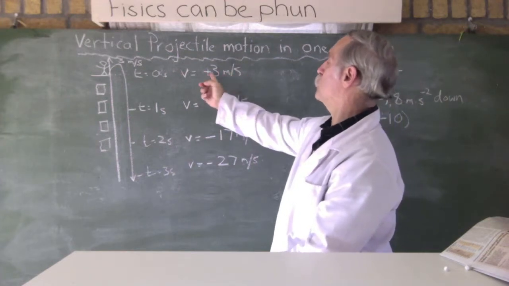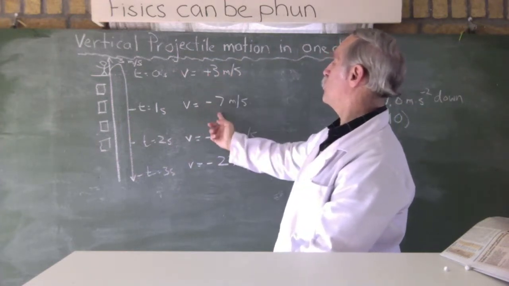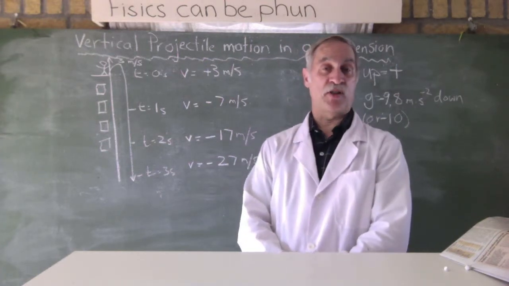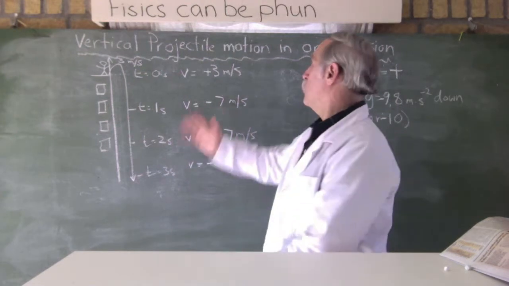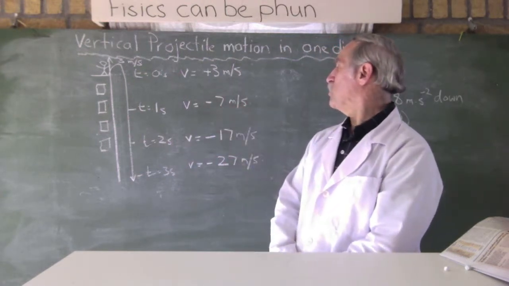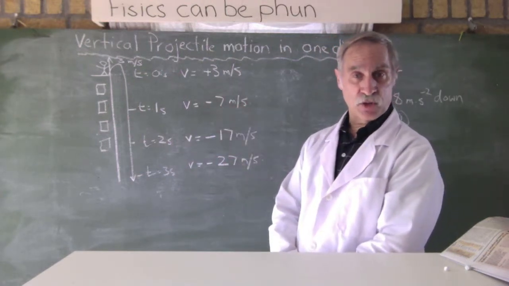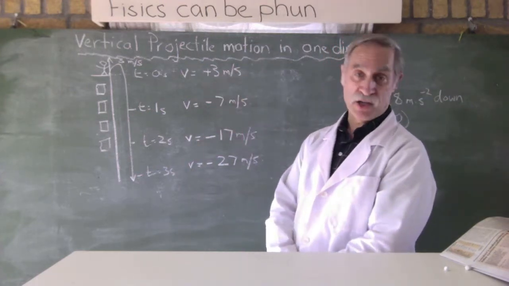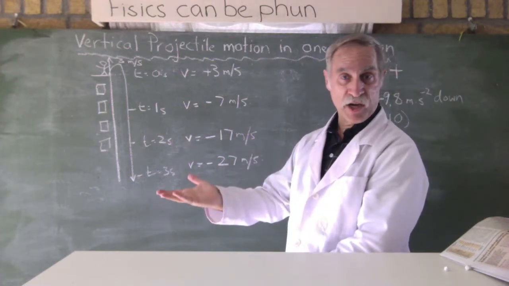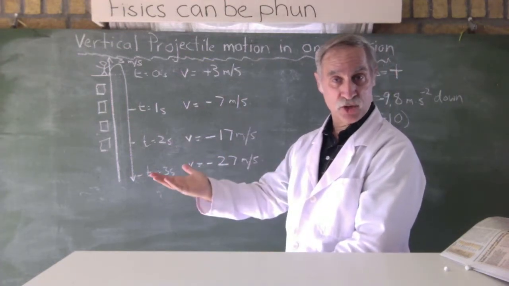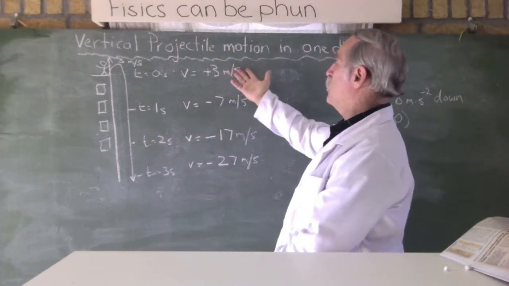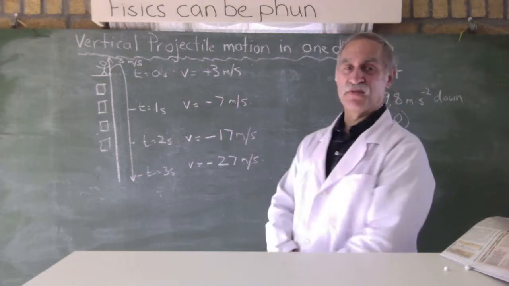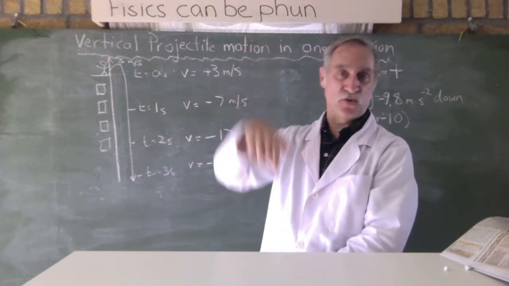What is the average between plus 3 and minus 7? Well, let's follow the same pattern. Add the 2 and divide by 2. So minus 7 plus 3 is minus 4 divided by 2, minus 2. So in the first second, the stone is going to fall, minus means down, 2 meters.